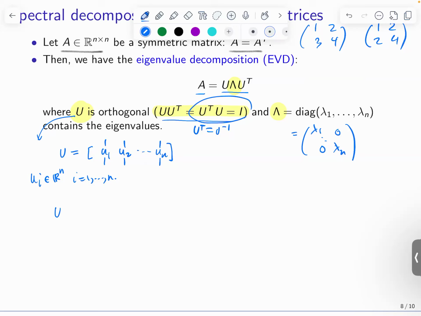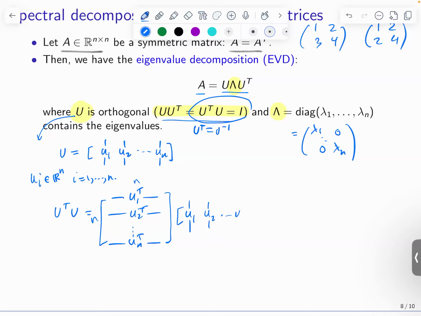So you do U transpose U. I can transpose U like this. So I transpose the first column, I get U1 transpose. It's going to be a row. And then U2 transpose, another row, and all the way to Un transpose, another row. Okay, so this is n by n, but written in a blockwise format, and then multiplied by U1, U2, Un, and you can verify that you can multiply as if you're multiplying scalars.